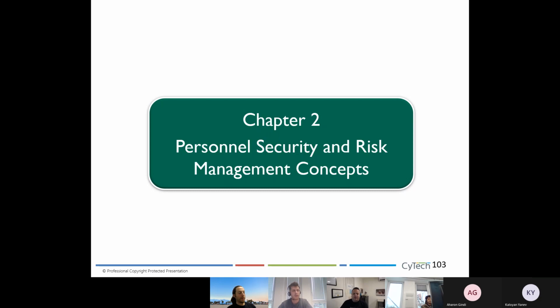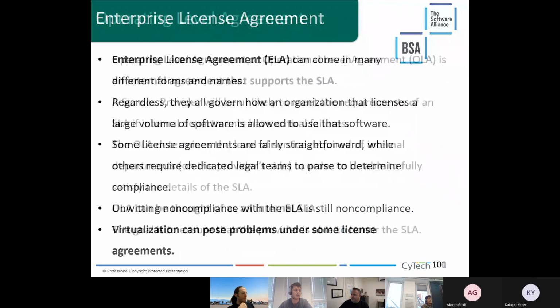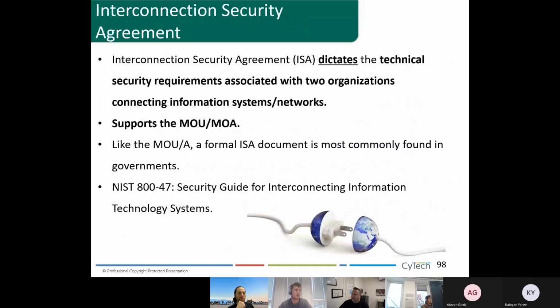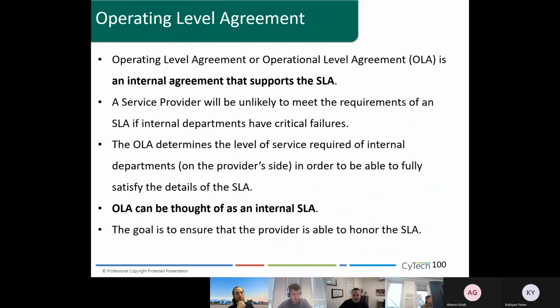For example, a level 1 question would be to ask you about the difference between SLA and OLA. So this is the simple one.